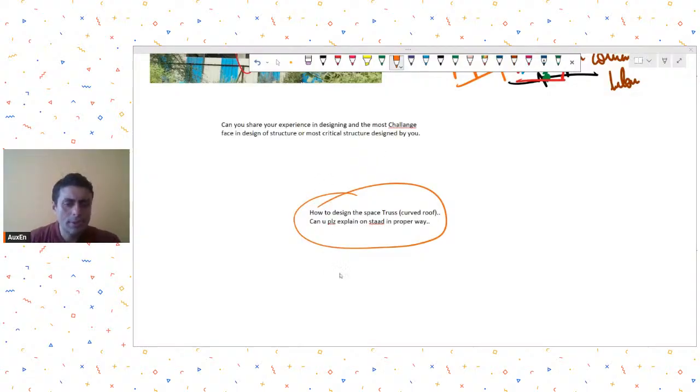Okay. All right. Next question is from Engineer Neeraj. He's from Gorakhpur, and he had asked the question related to wind load calculation on the curved roof earlier. Now he's saying, how to design the space truss? Can you please explain on STAAD in a proper way? That won't be possible during the live session.